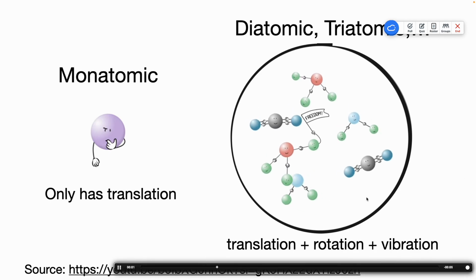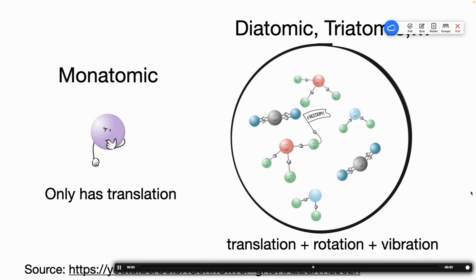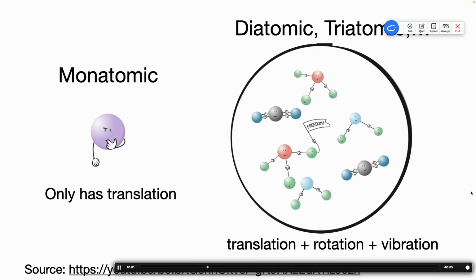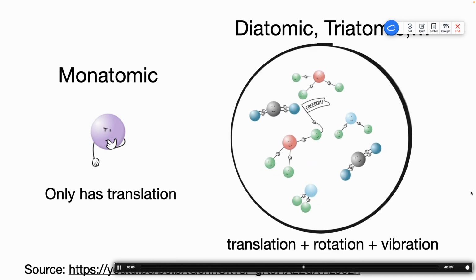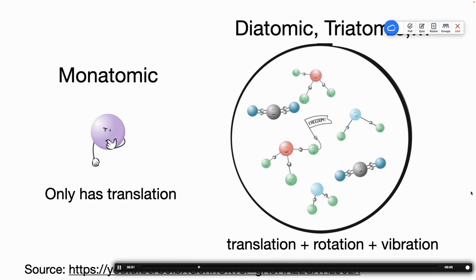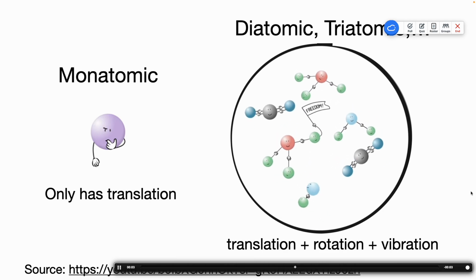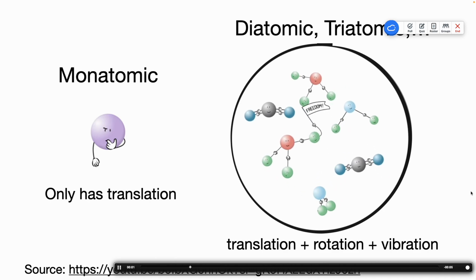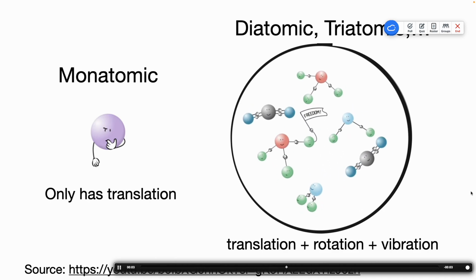So, when we compare, let's say, a monatomic gas, helium, neon, argon, xenon, those are monatomic gas, which means the molecule only has one atom. When you only have one atom, it's a point. An atom is very small.